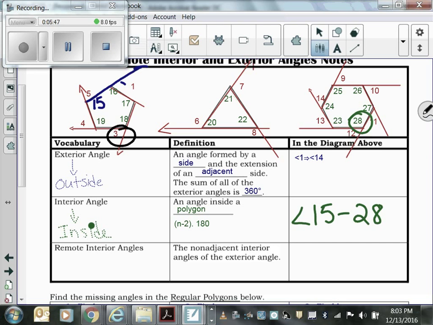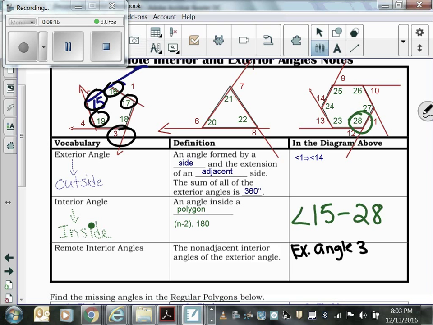Okay, I'm going to circle that. Exterior angle number 3. The non-adjacent interior angles there would be numbers 19, 17, 16, and 15. So we're just going to give ourselves an example. So if I say, for example, I have angle 3.